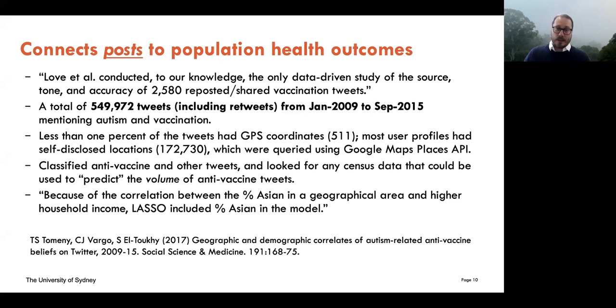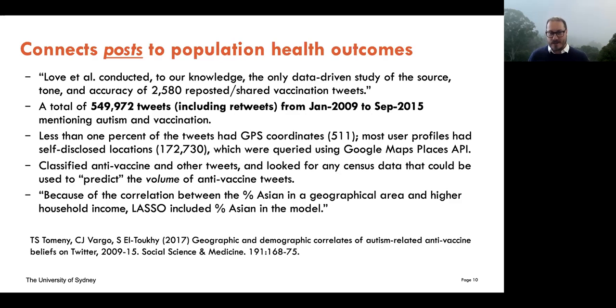They used machine learning to do that, and so we have a number of tweets that were anti-vaccine. And what they used was a lasso model. Essentially, that is when they have lots of variables, and that included all of their census data variables, and they used it to reduce the number of predictive variables they were trying to use to predict the volume of anti-vaccine tweets per area, per region, okay?